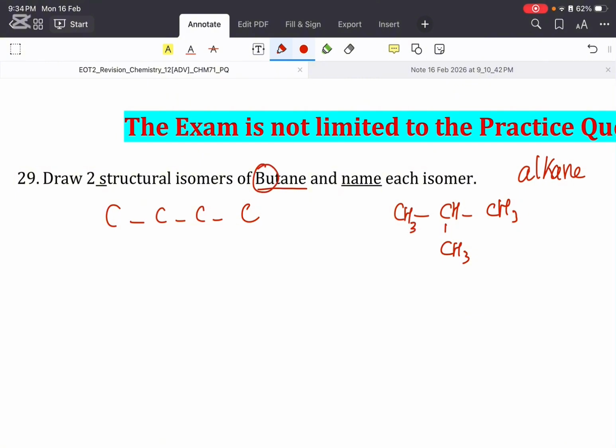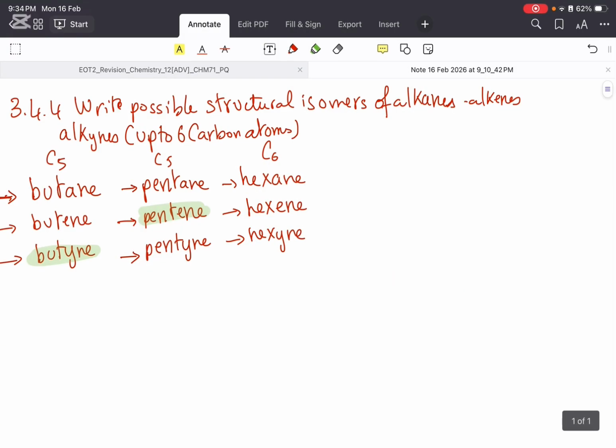Now when they give me but, it means the number of isomers that I can draw is limited. But the more carbons I get, the more possibilities for isomers. This one is butane, and this one is 2-methylpropane. Let me give you the other possible choices that they might ask me.